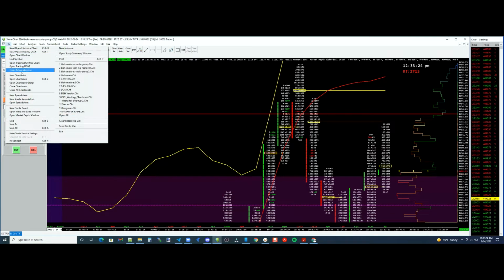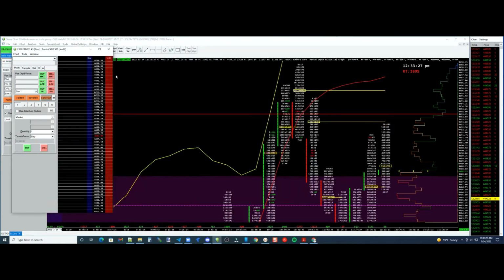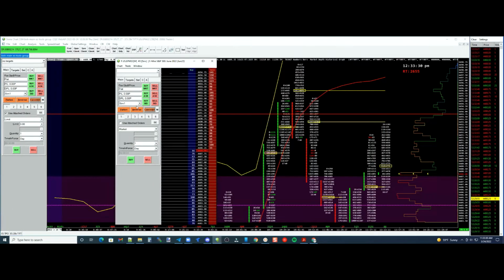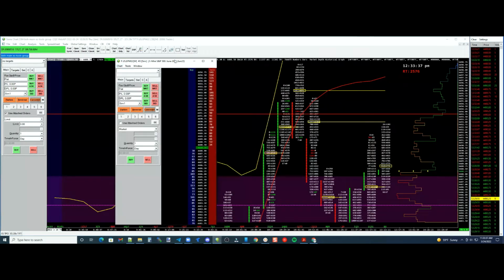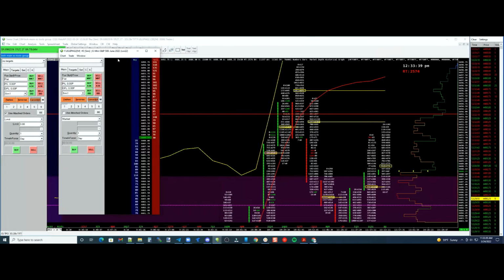For our purposes, we want to open up a trading chart for the DOM. That gives you the trade window and it gives you the DOM. So then you have a trading window based on this chart with a DOM applied to it. We're going to get a little more into this one later, so I'm going to close it down now.